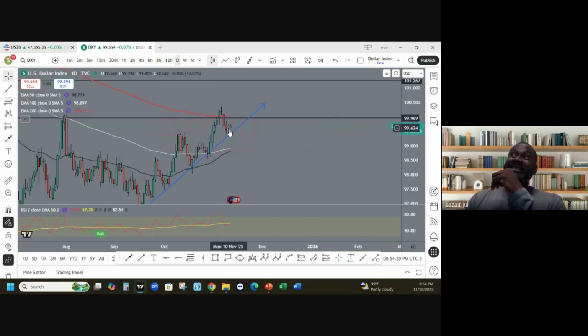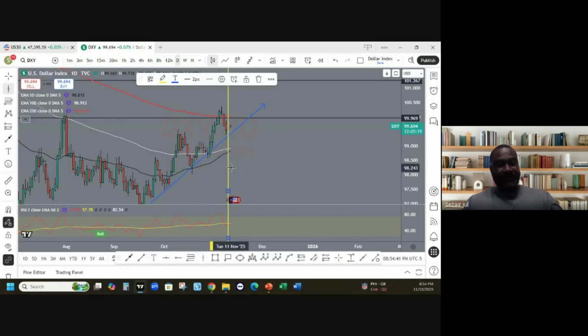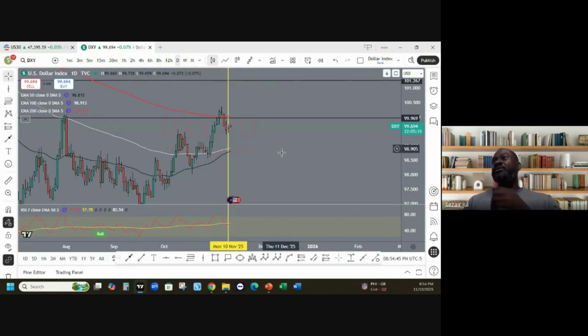Every candlestick represents 1 day. Let me remove the trend so you don't need that. Now this is Monday, and Tuesday has already started.